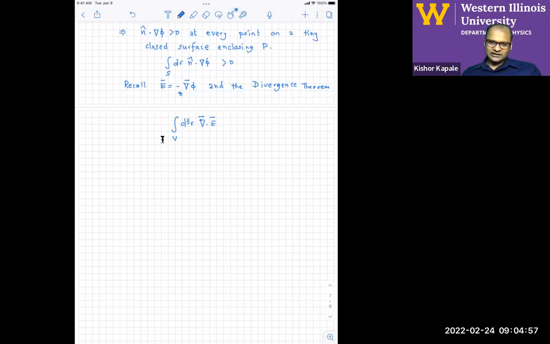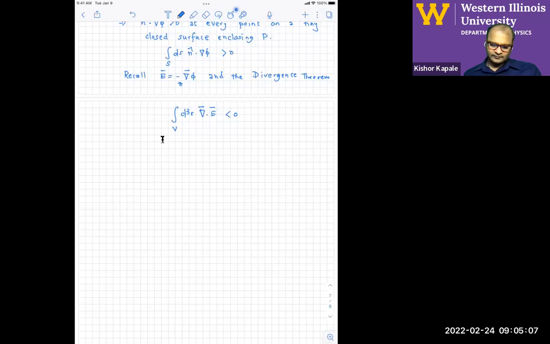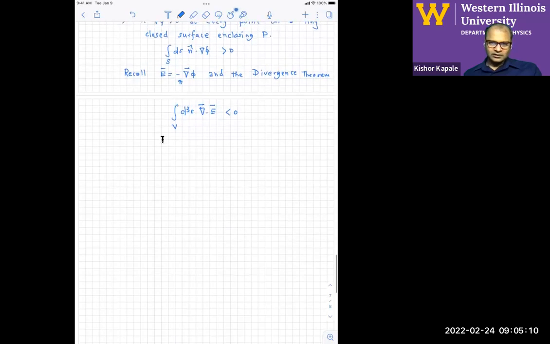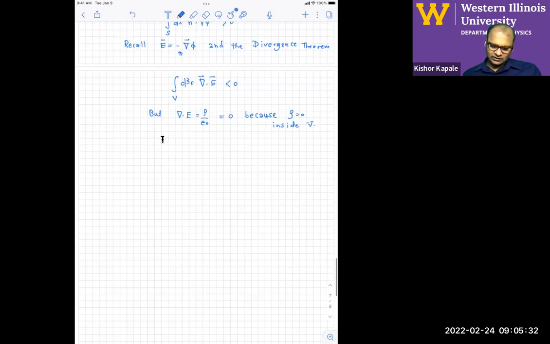So the left-hand side has been turned into a volume integral. The right-hand side was positive, but now because of that negative sign, this is going to be negative, always. But we know that divergence of E is equal to rho over epsilon 0, which is going to be equal to 0 because rho is equal to 0 inside the volume V. And so that means we have reached a contradiction.